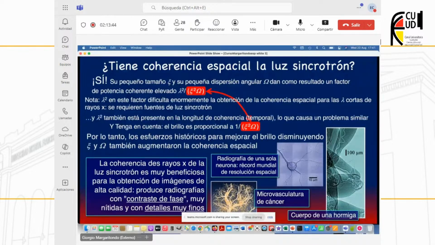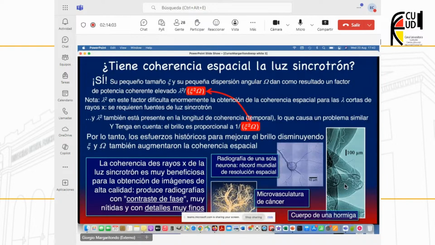Because you know that if you break a bone and you go to the hospital to get X-rays, the image you're getting has a certain resolution, but is nowhere close to the resolution and the details that you are getting with synchrotron radiation.